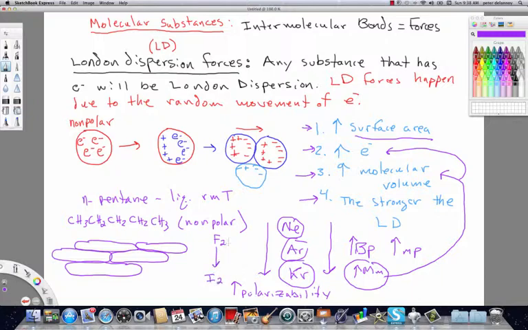Remember that fluorine and chlorine are gases, but bromine and iodine switch to more dense phases. Bromine is a liquid and iodine is a solid. This change is happening because of what I described for the noble gases.